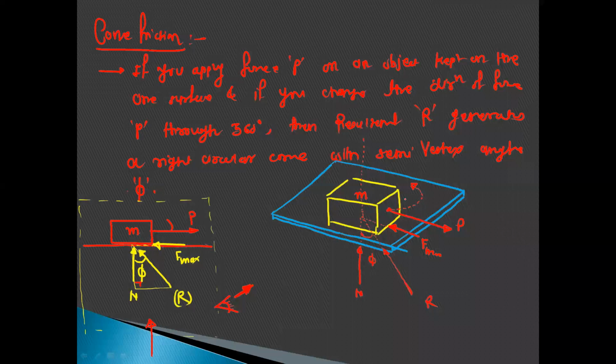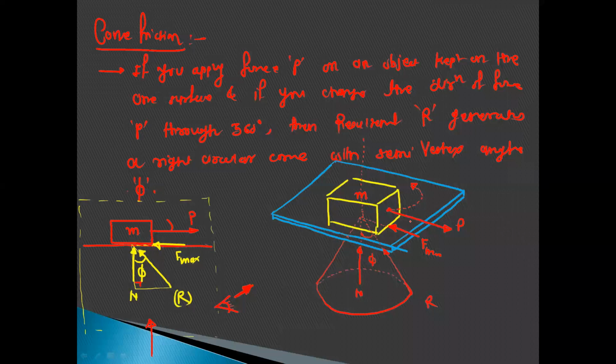So here we will get one cone with this semi-vertex angle like this.